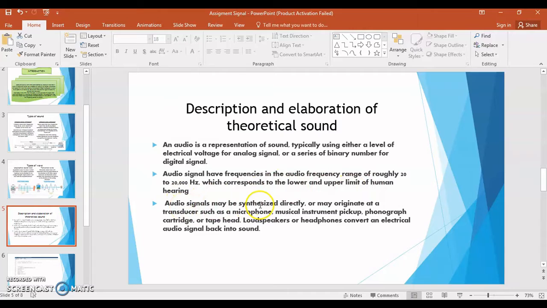An audio signal may be synthesized directly or made at a transducer, such as a microphone, musical instrument pickup, phonograph cartridge, or tape head. A loudspeaker or headphone converts an electrical audio signal back into sound.